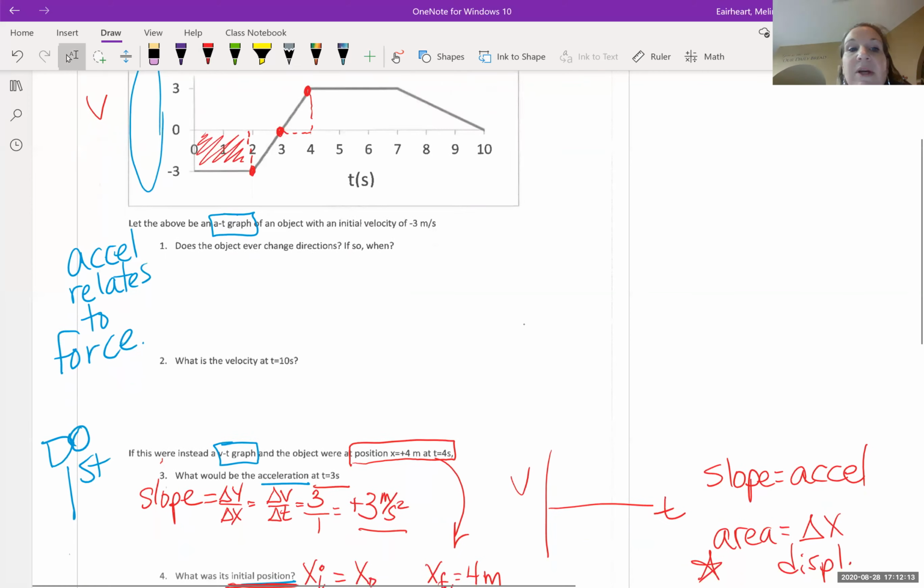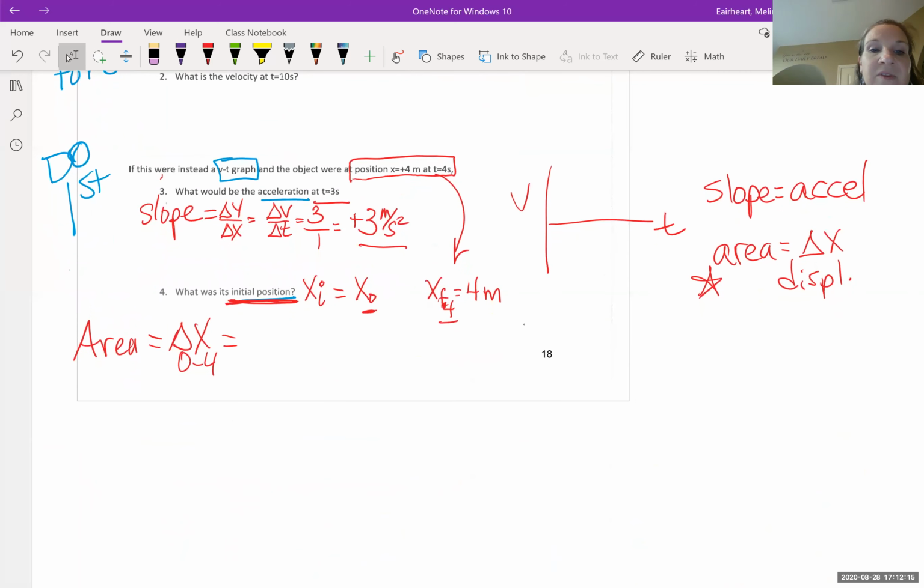Include the negative because displacement is a vector. So base times height, we had a base of 2 times a height of -3. And so from 0 to 2 seconds, we've got 6 meters in the negative direction.